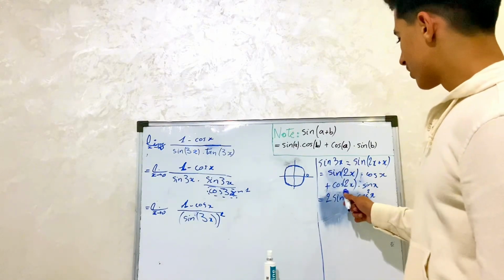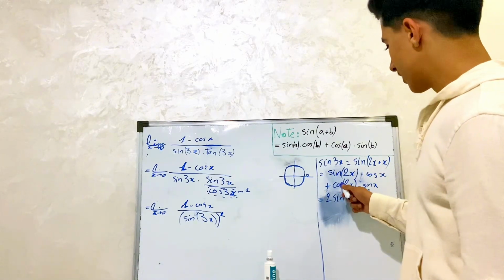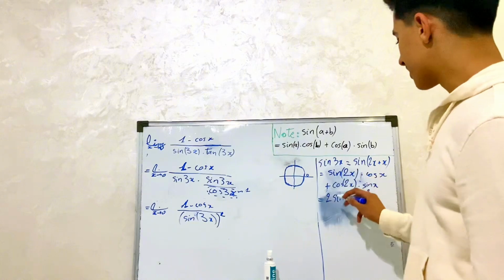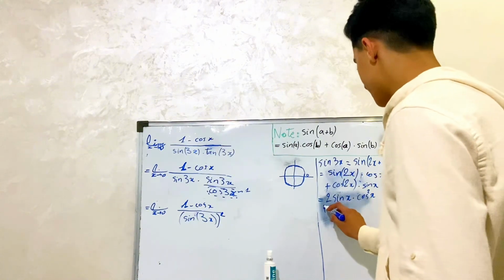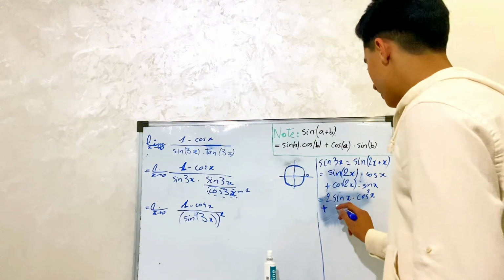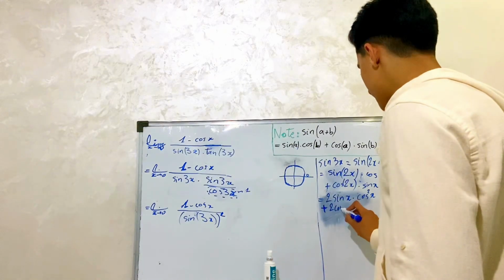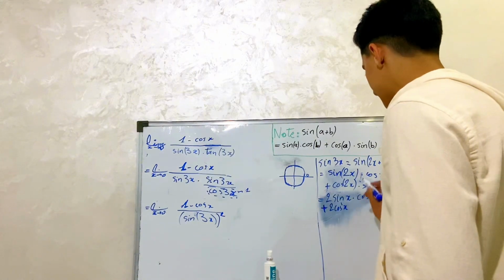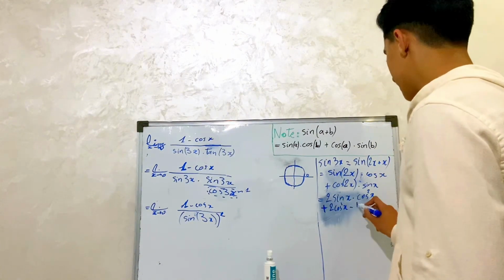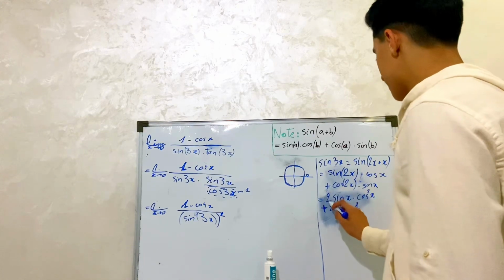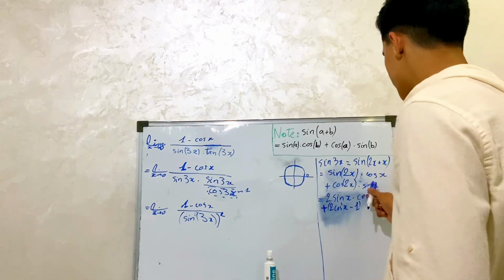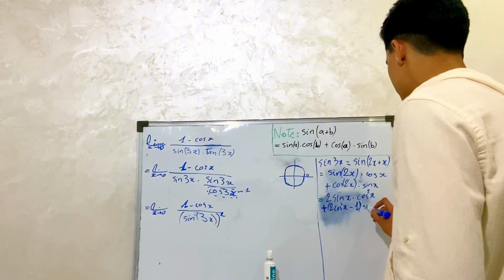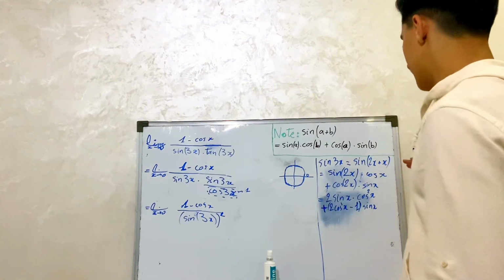Then we have a property for cosine 2x as well, which is 2 cosine squared x minus 1, and all this multiplying sine x. There we go.